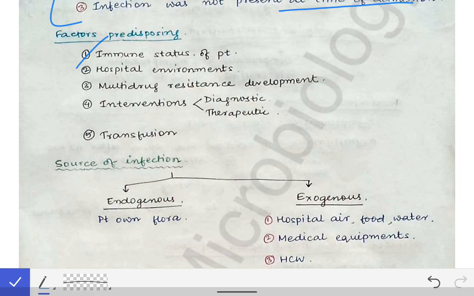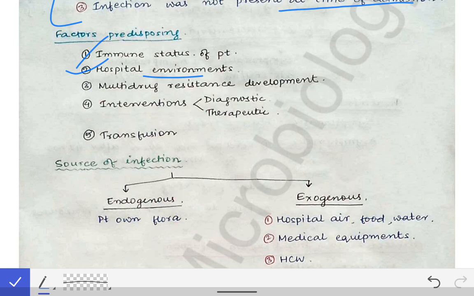Then the hospital environment. If cleanliness, disinfection and fogging are not maintained in OTs, etc., there will be higher rates of hospital acquired infections in all the patients admitted in that hospital. So the hospital environment is also a predisposing factor.